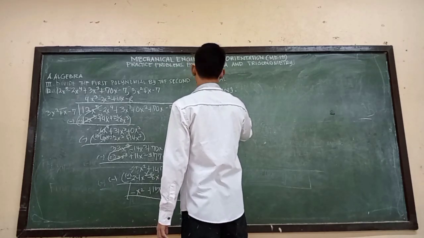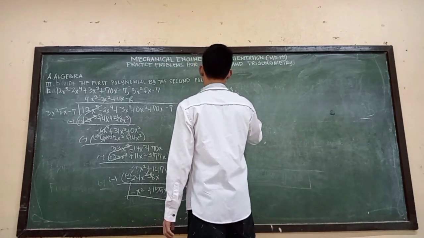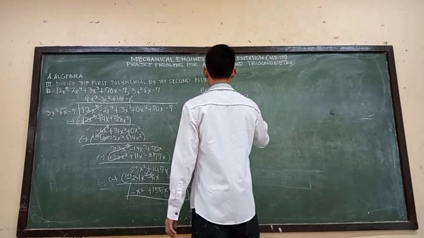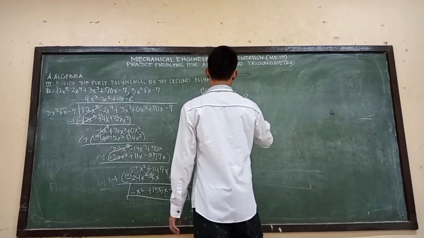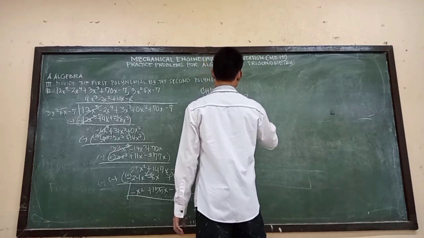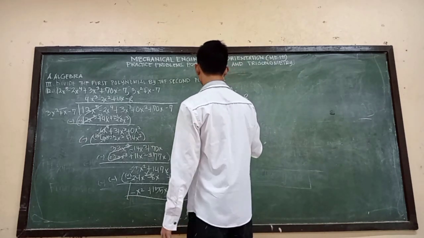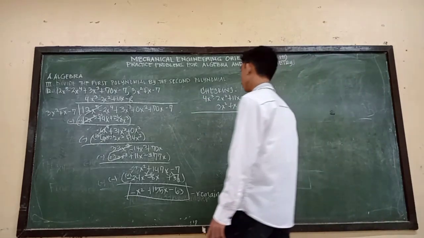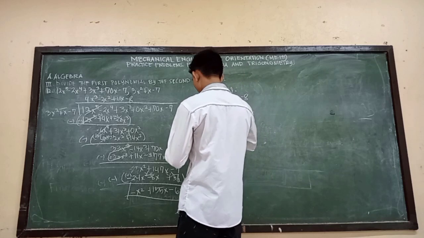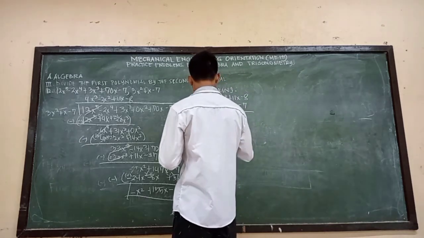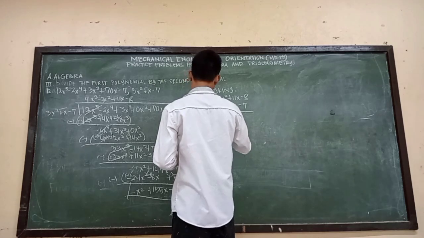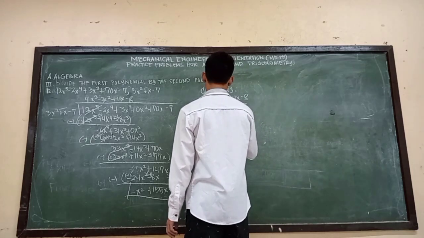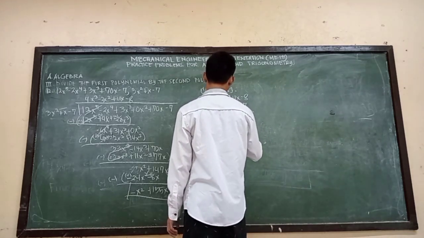For x cubed minus 2x squared plus 11x minus 8 multiplied with 3x squared plus x minus 7. 3x squared times 4x cubed will give us 12x to the 5th. 3x squared times negative 2x squared will give us negative 6x to the 4th.